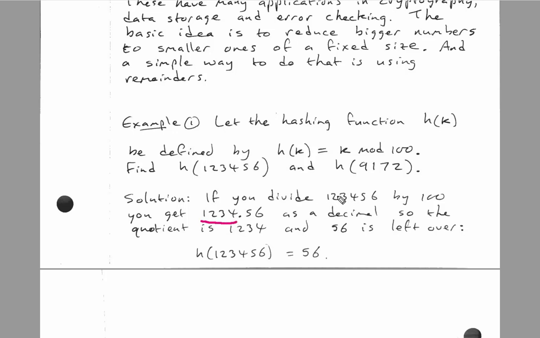So 100 divides into this number 1,234 times, but there's a decimal, so it doesn't divide in evenly. What's the remainder? Well, if you multiply the quotient by the number you're dividing by, the 100, you'll see that there's a 56 left over.